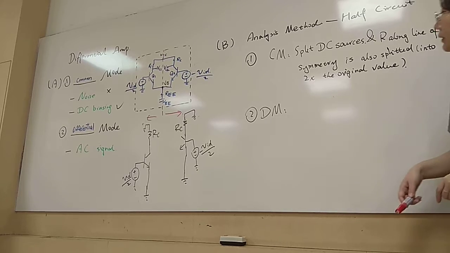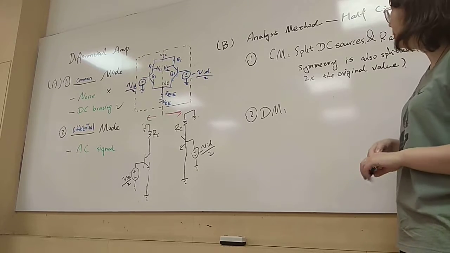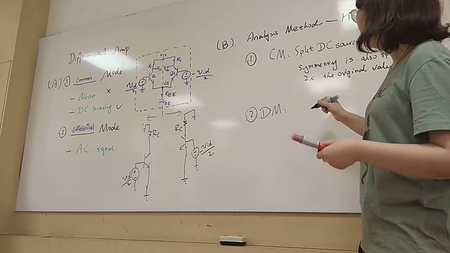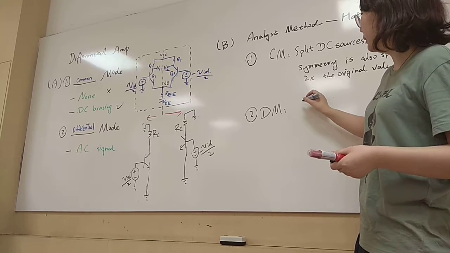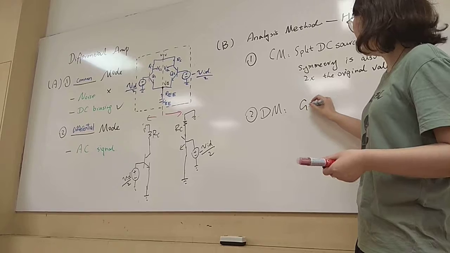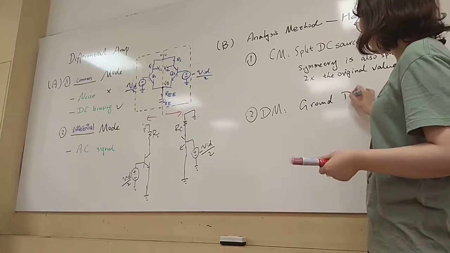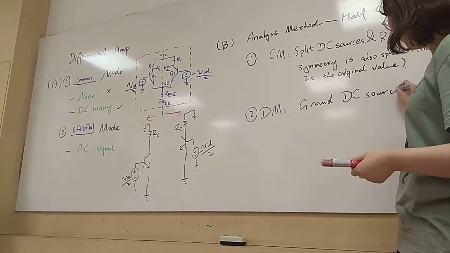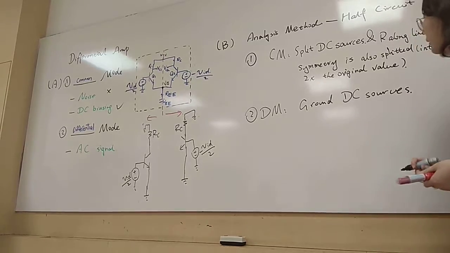So, to summarize for your differential mode, the first step is ground DC sources.